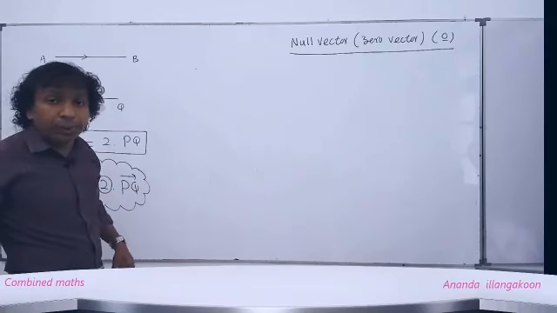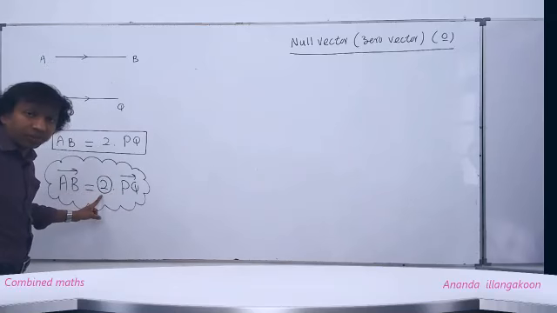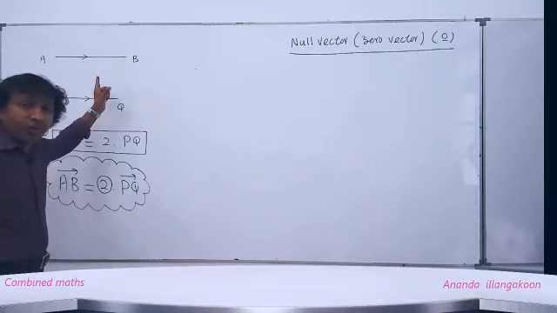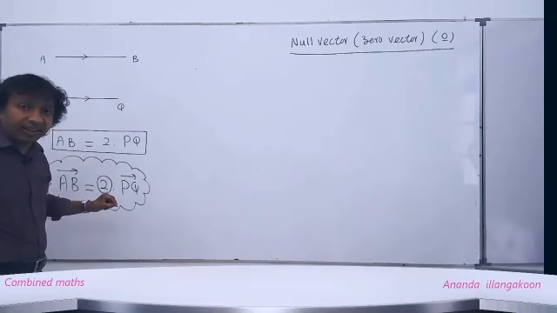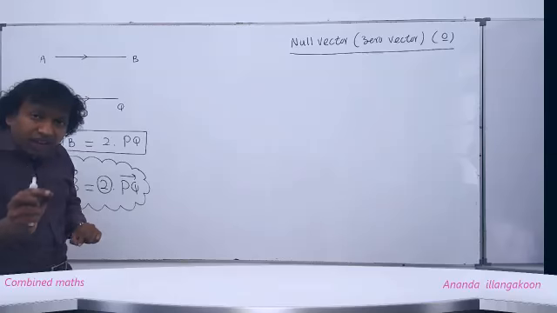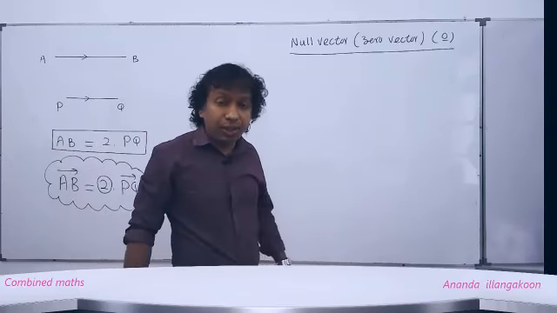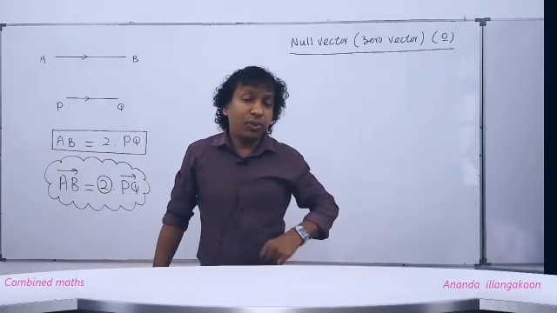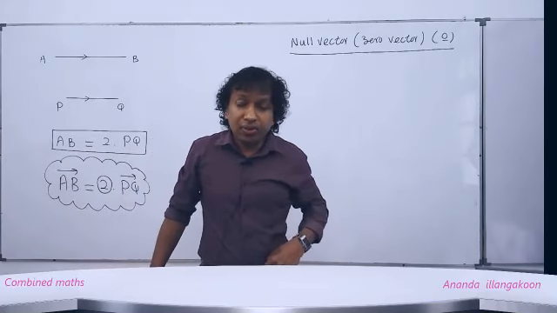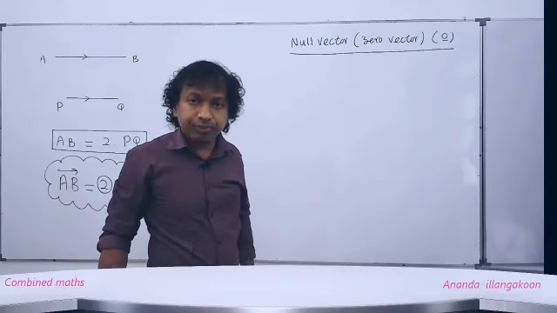That means we don't know what number to put here. We put 2 because we had the exact lengths. Even though we don't know them, there should definitely exist a particular number that matches the AB length and PQ length.